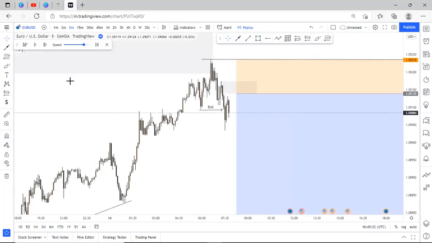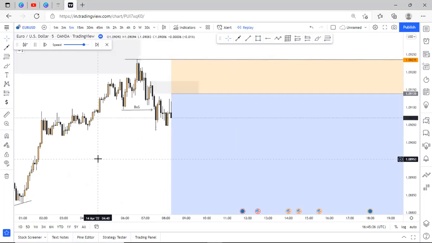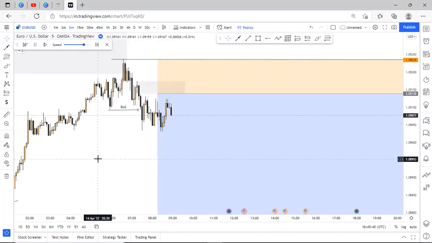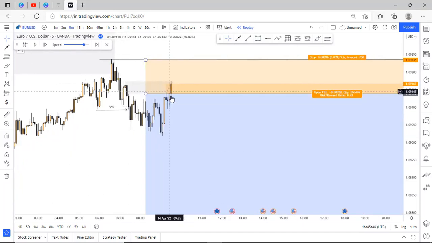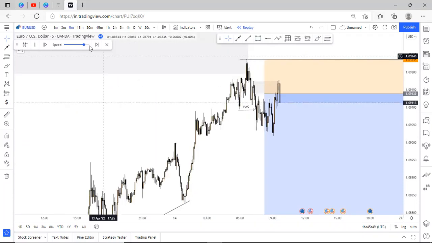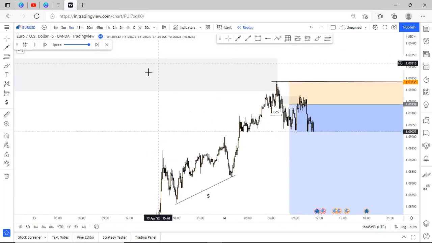So now let's play. Yeah, so we got tapped into this trade right here, and let me speed this up. So we got tapped in.